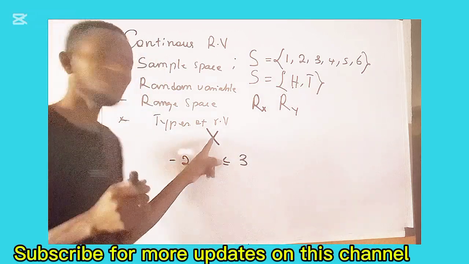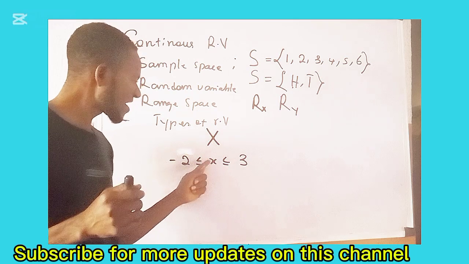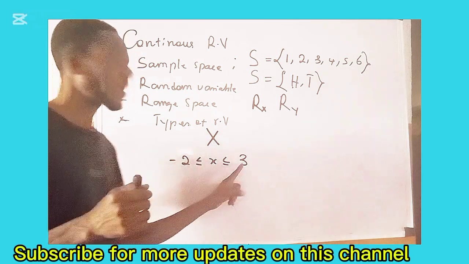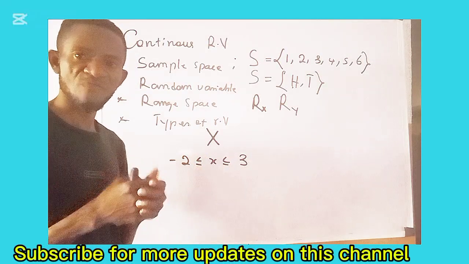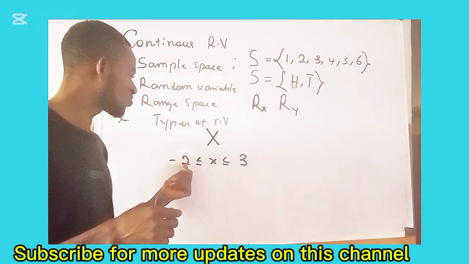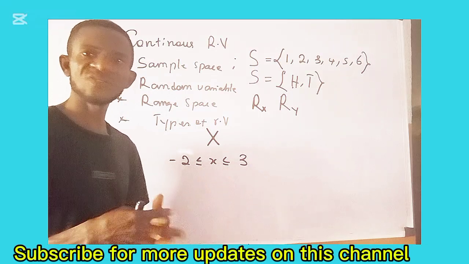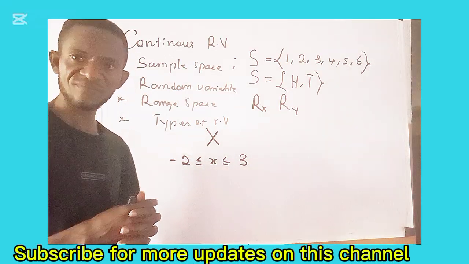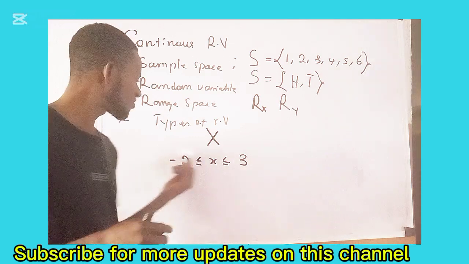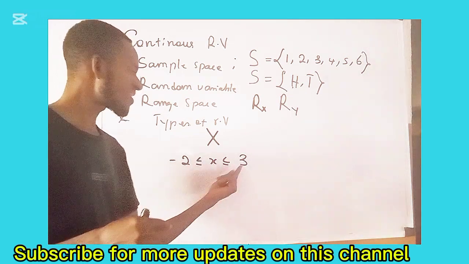This random variable x can take up any value small x between -2 and 3 inclusive. And you bear with me that the values between -2 and 3 are of course uncountable, because it contains a lot of values between -2 and 3.